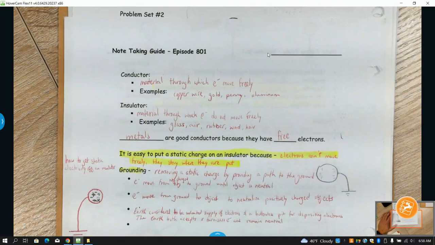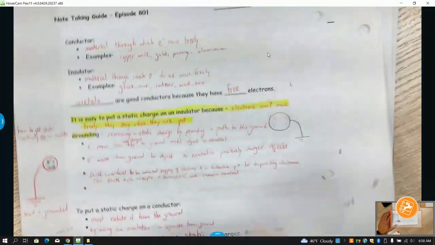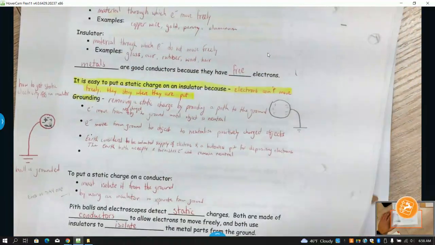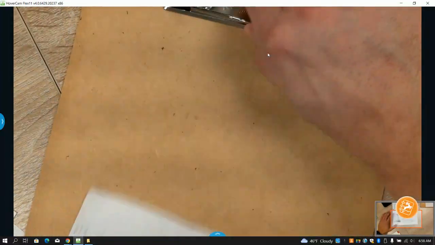Then we're going to take a quick peek at what grounding is. So grounding, if I can just give us this little picture here, how grounding works.